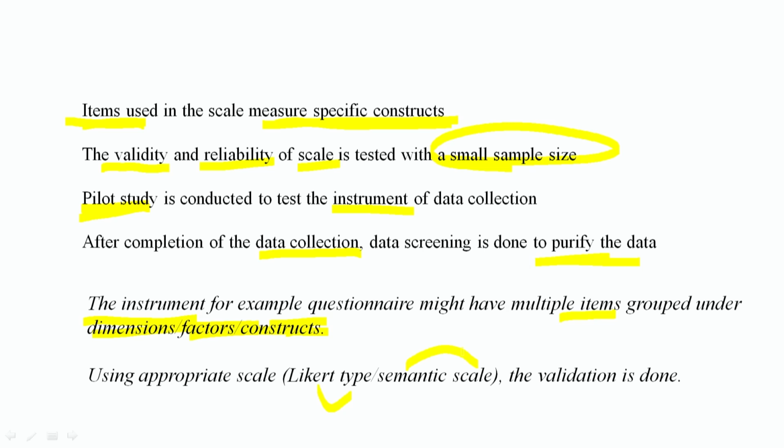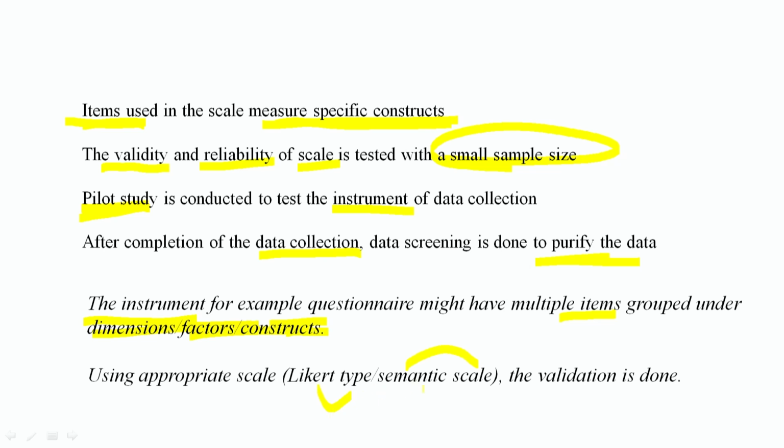Agreement, I like, means how much I agree to that. Agreement or disagreement is presented in an equal distance format, that is 1 to 5: 1 strongly disagree, 5 strongly agree. In between you have 2, 3, 4. So, you can check whether you are agreeing or disagreeing.